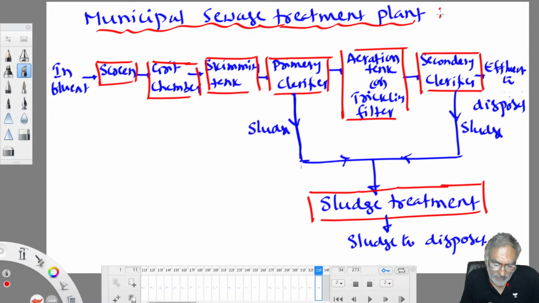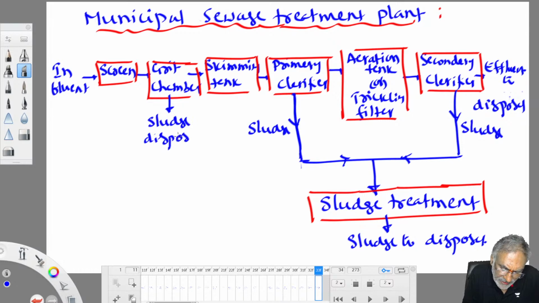So this is complete. We also get sludge from the grit chamber, but that sludge is not dangerous. That can comfortably be disposed of. The sludge from the primary clarifier and secondary clarifier is dangerous because it contains biodegradable organic matter. The grit chamber sludge does not contain biodegradable matter. It is non-biodegradable.